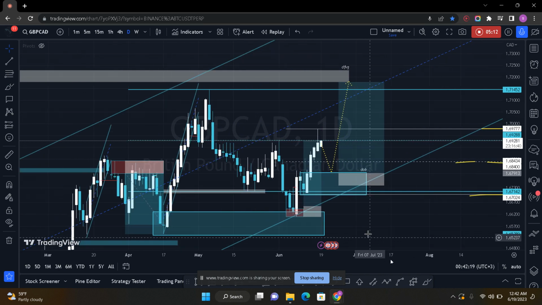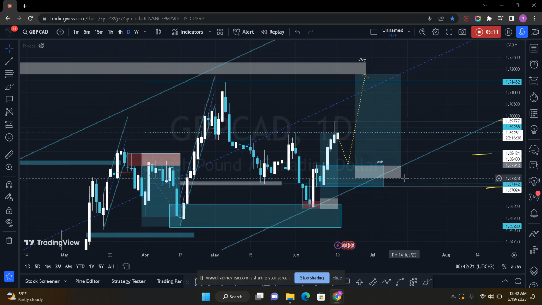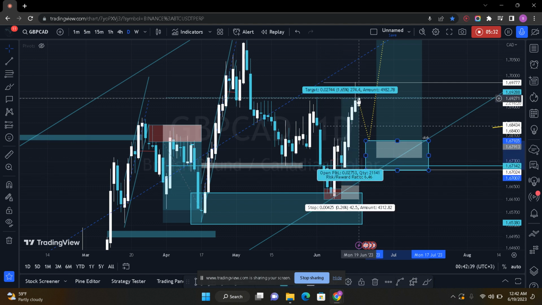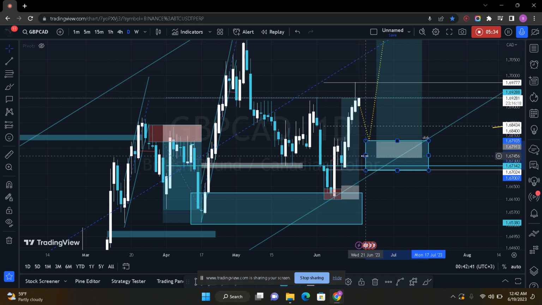Today is a Monday, and looking here, you see there is this zone that I've highlighted right here. This zone is because of this particular candle, the final sell candle before this aggressive move to the upside. That qualifies to me as an origin or a daily order block.